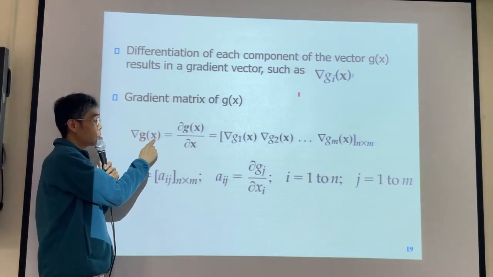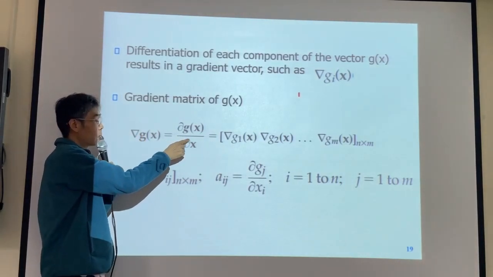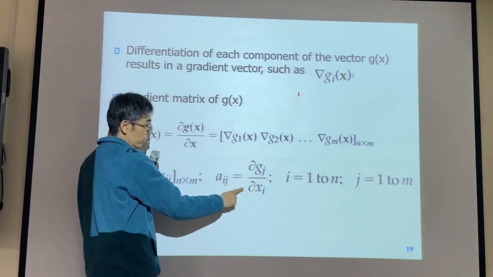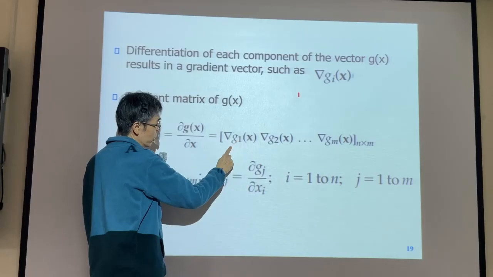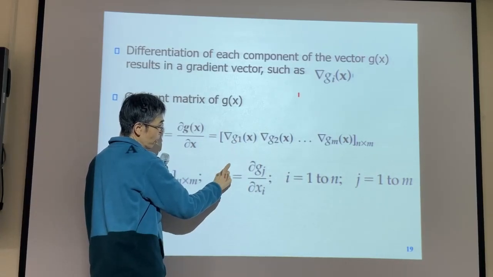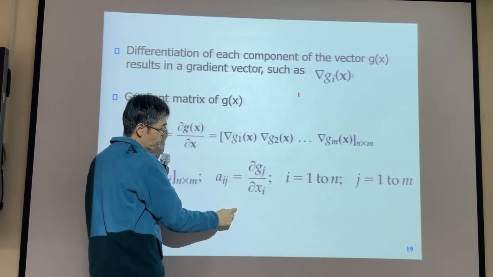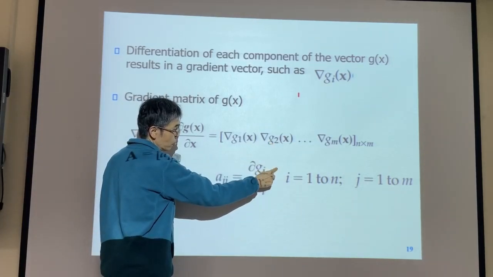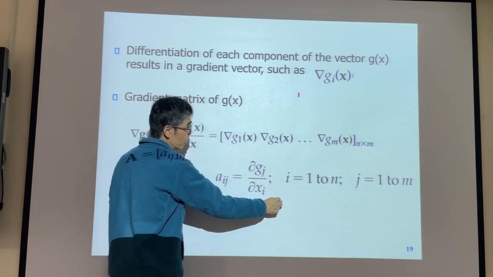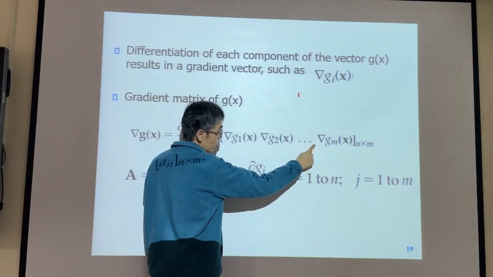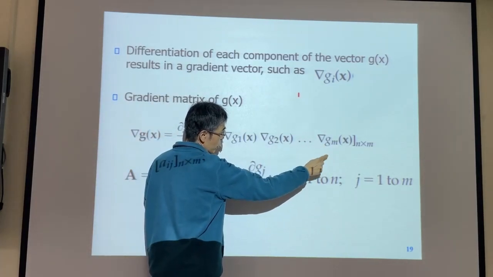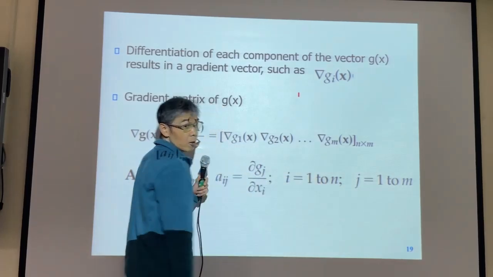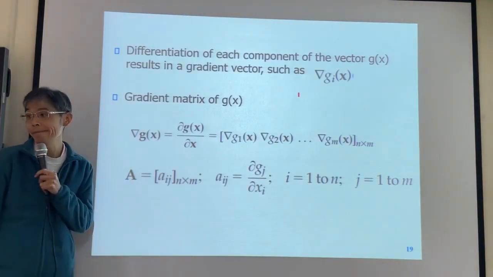We have G1, G2, G3, G4, keep going. So the gradient matrix means, say, partial G1, partial X1, partial G1, partial X2, partial G1, partial X3, partial G2, partial X1, partial G2, partial X2, partial G3, partial X3, partial G3, partial X1, partial G3, partial X2, partial G3, partial X3. So this is the gradient matrix.